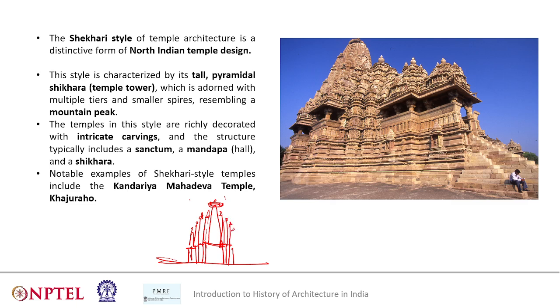It looks like mountains, with a descending order. This is the topmost Shikhara, and then there are smaller ones at several heights. So it resembles the mountain peak, the temple tower that we call Shikhara. So it's more vertical as compared to the Bhumija style.